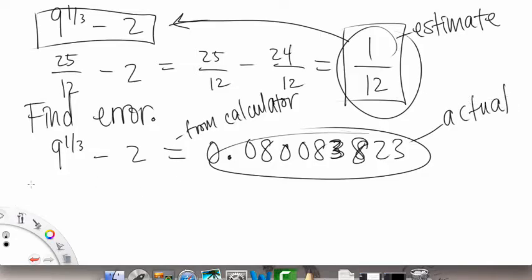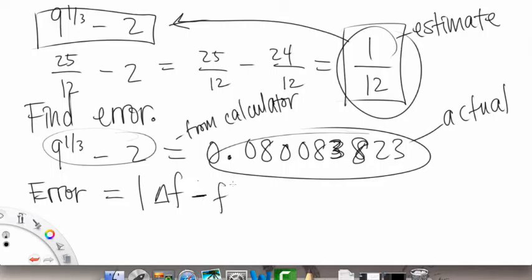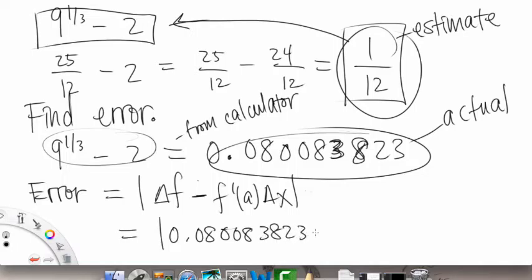Okay, so now to find the error, the error is going to equal the absolute value of the actual value of the difference minus the estimate, which is f prime of a times delta x. Okay, so actual minus estimate, so the absolute value of the actual, if I can write numbers correctly, there we go, 0.0083823 minus our estimate, which is 1 over 12.